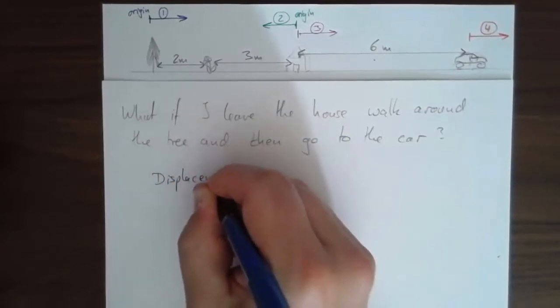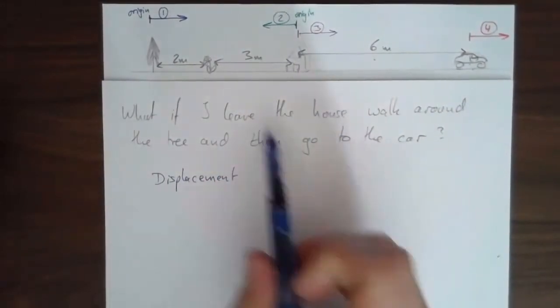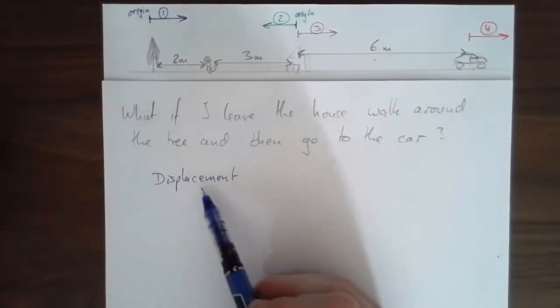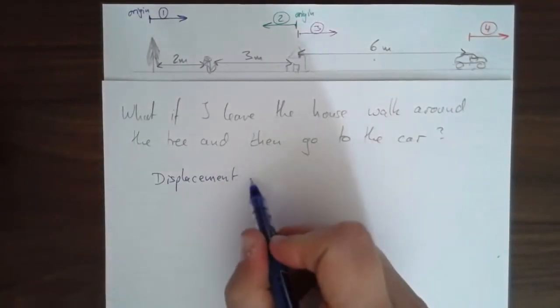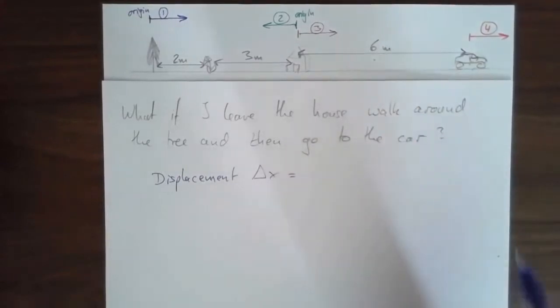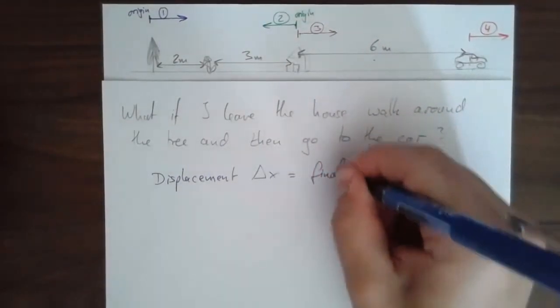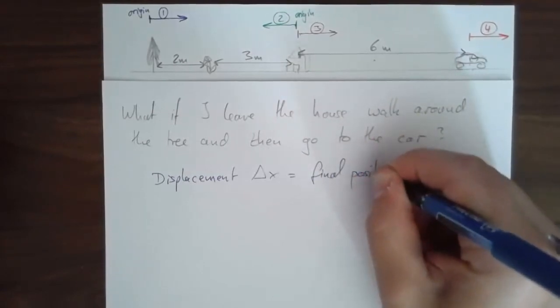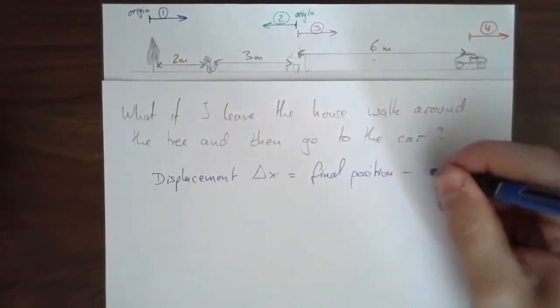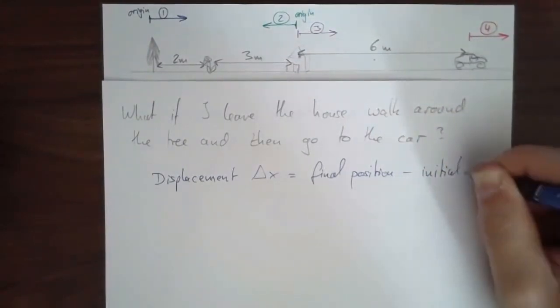I'm just going to stick with one now. I'm going to pick the blue one because I like it, but any of them would work just fine. The displacement is still, where do you end up? What's your final position? Minus where did you start? Your initial position. Doesn't matter how you got there.